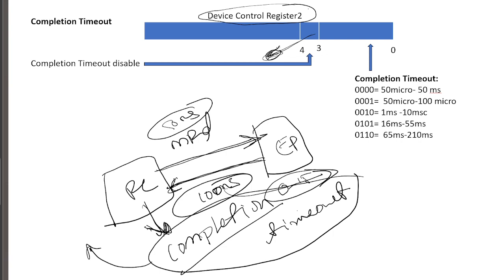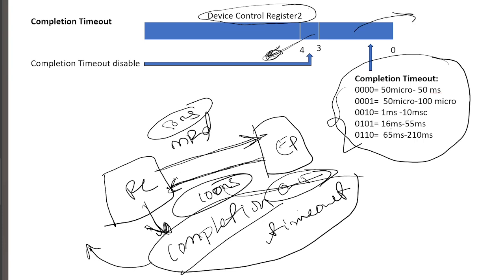That particular time we call the completion timeout time. You can encode that time accordingly based on your requirement. 0000 means 50 microseconds to 50 milliseconds. Based on these values, you can give whichever value you want. If you give 0110, the completion timeout will be that much time. After this, the RC will generate a completion timeout.